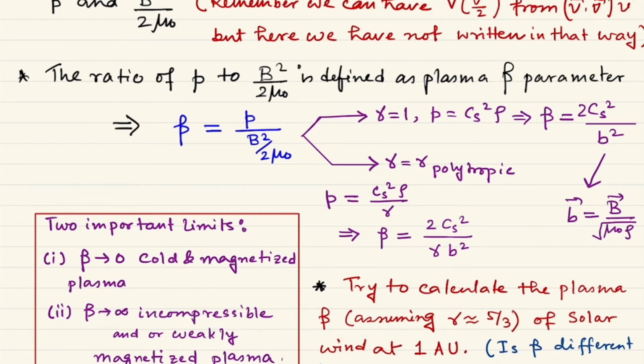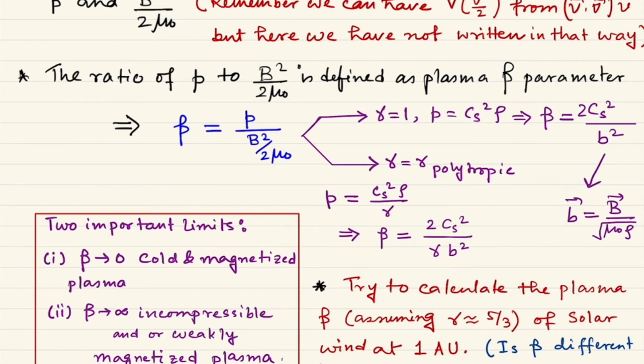Now for the polytropic case, if beta is tending to infinity, it simply says that, maybe just a minute, there is a point to make actually. In normal literature, you can see that beta tends to infinity gives us the incompressible plasma.